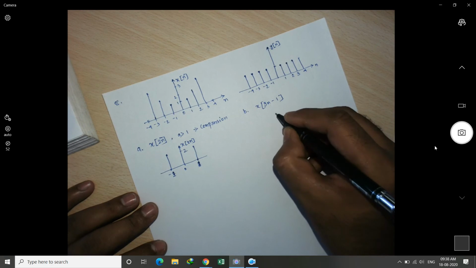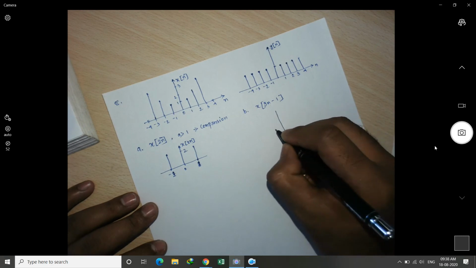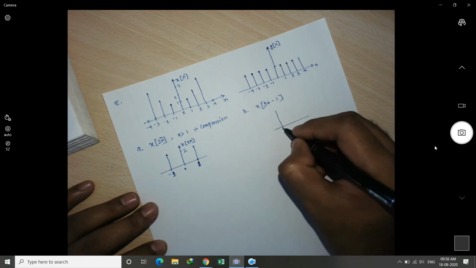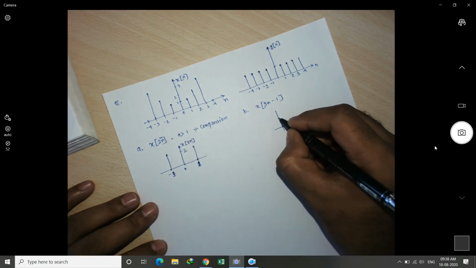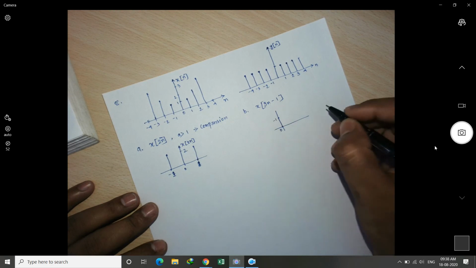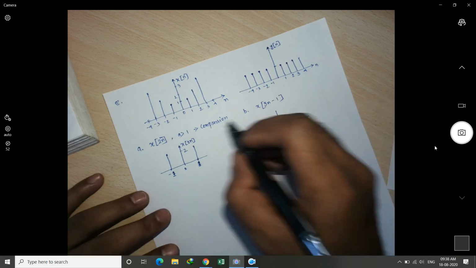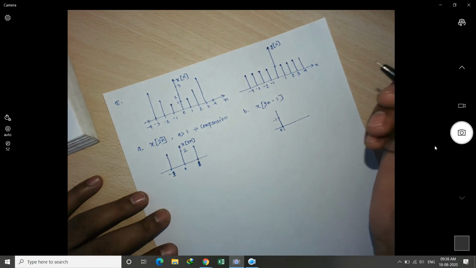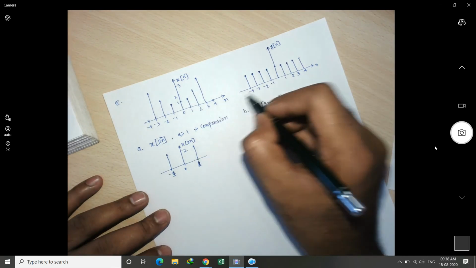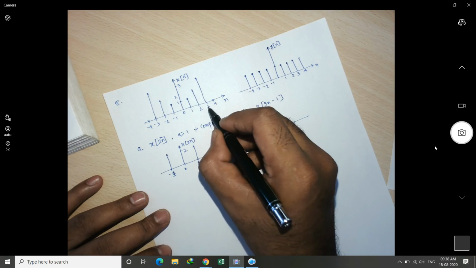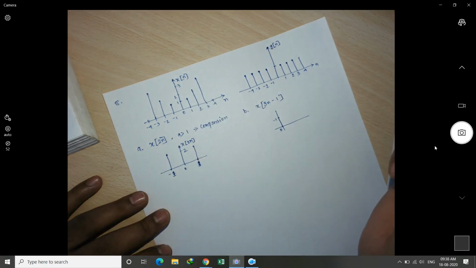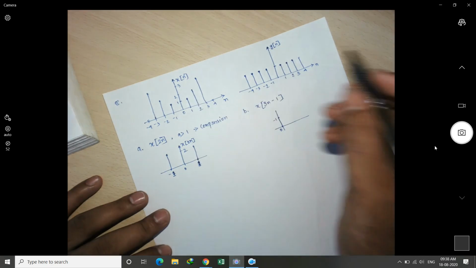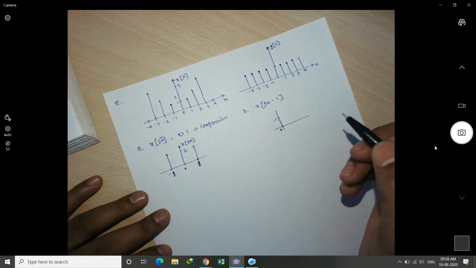So the resultant signal will look something like this. At 0 it has this sample -1, which will come to the 0 location, then directly this 3, right? After time shifting, the sample at location 3 will change to the amplitude level of 2. Should I write the intermediate one?